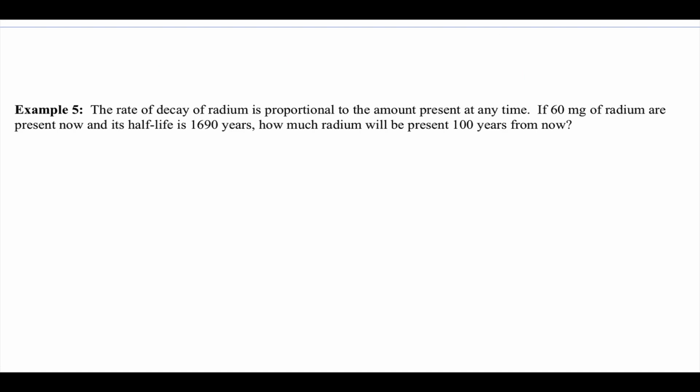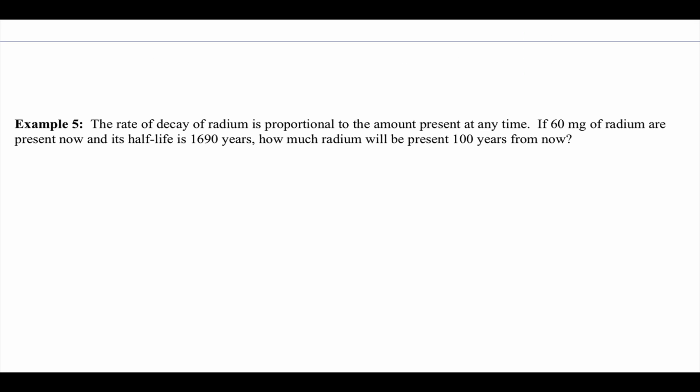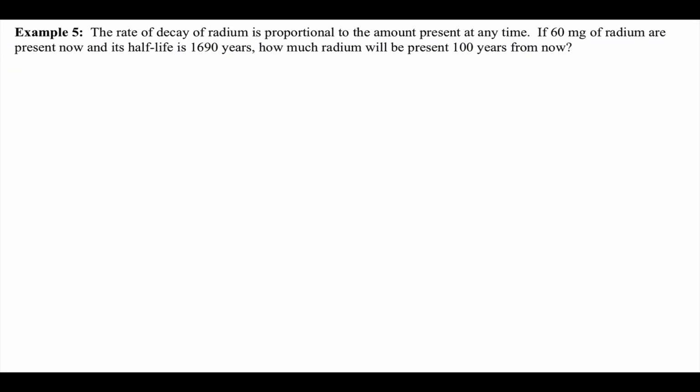So I want you to do now, let's see, what's this one? Let's skip ahead to number 5. Number 5 is more similar to the one we just did. Very similar, but not exactly.